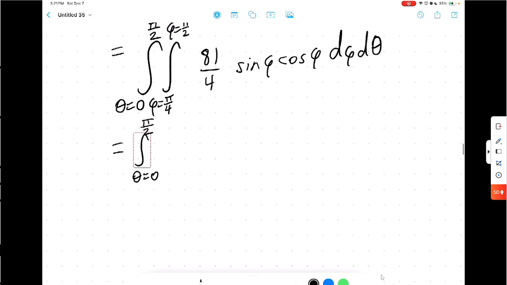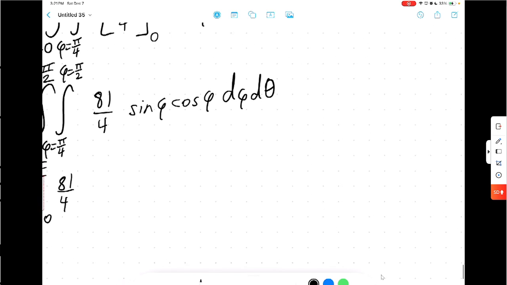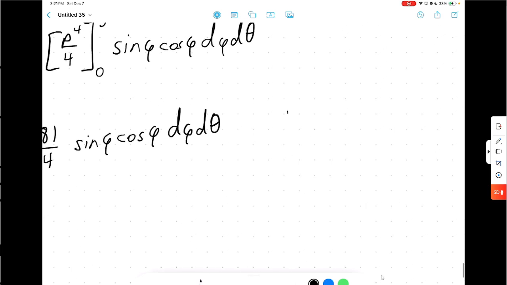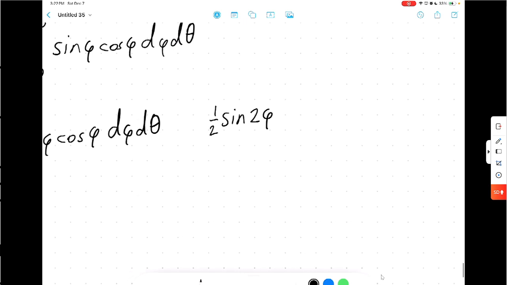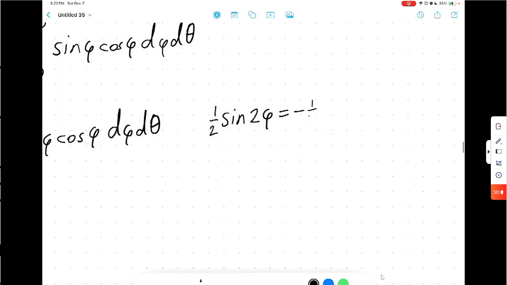Zero to pi over 2. I'm going to put 81 over 4 times, now sine phi cosine phi will become 1 half. Oh wait, that's going to be 1 half sine of 2 phi, which is going to become negative 1/4 cosine of 2 phi at the end.